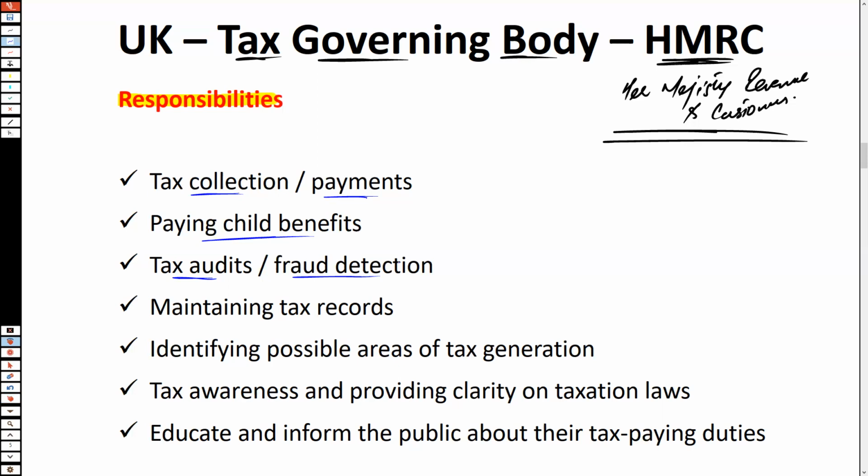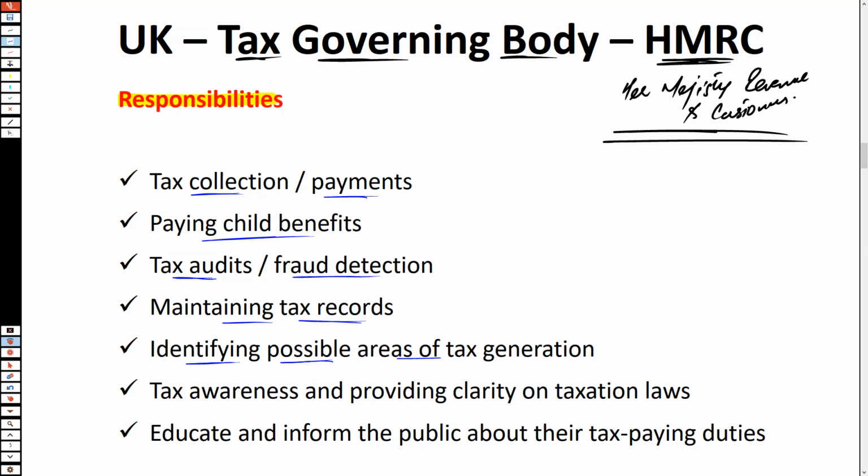Let's say in the previous year you paid, let's say, 10,000 pounds of tax, but now in this year you are not paying any tax liability. So how was the tax liability reduced? Tax authority may start a tax audit for you, for a taxpayer. Maintaining tax records of the taxpayer is another responsibility of HMRC.